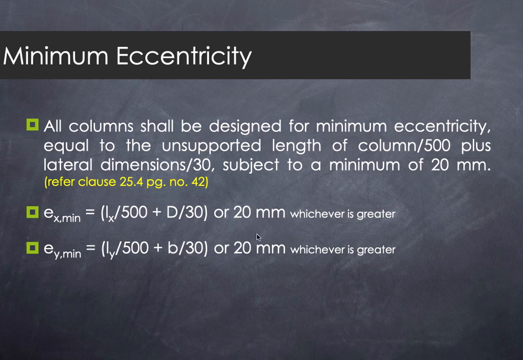Amongst these two, whichever is greater, we define as the minimum eccentricity. Now how are we going to use this? Of course, during our numericals we are going to see this.